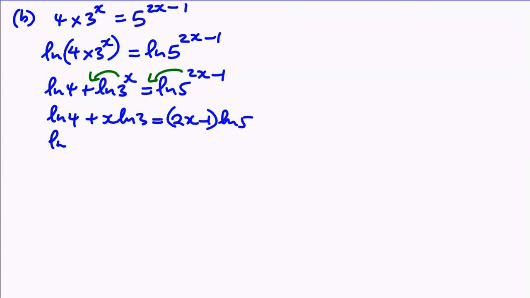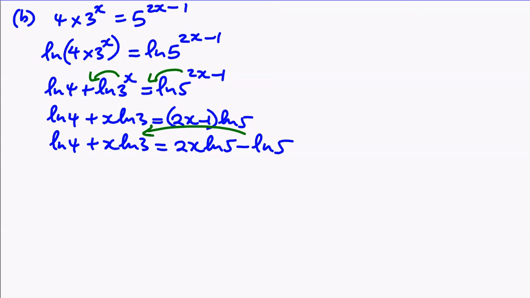So ln 4 plus x ln 3 will be 2x ln 5 minus ln 5. Let's bring this to the left and take that to the right.